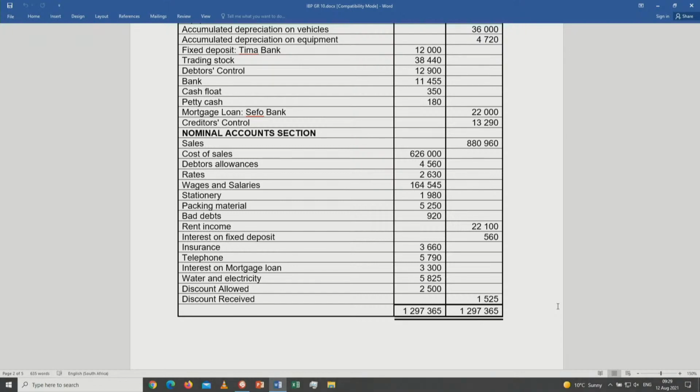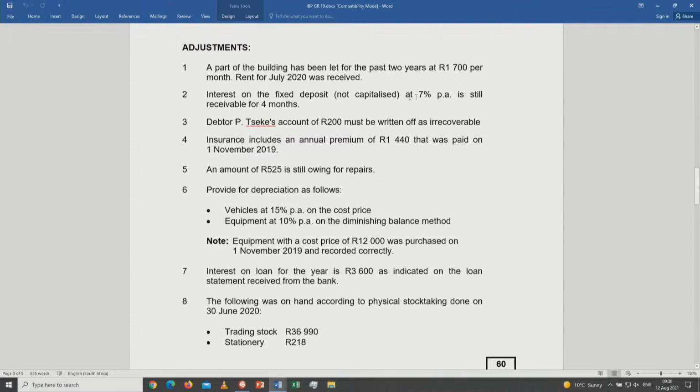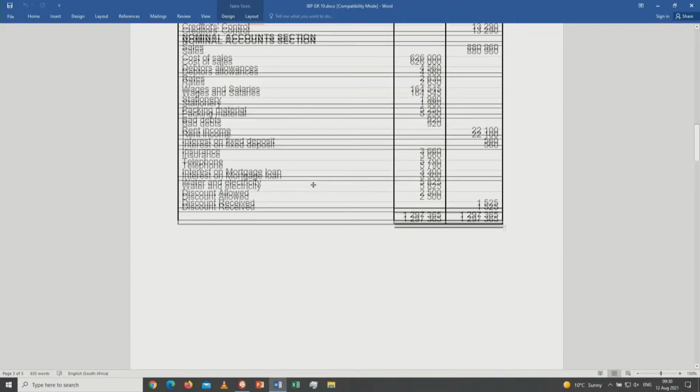Sales we have already dealt with. Sales, cost of sales, debtors allowances, and then rates. Rates, you go check your adjustment. Do we have anything for rates here? Any adjustment for rates? No, we don't have. So we take it as it is.